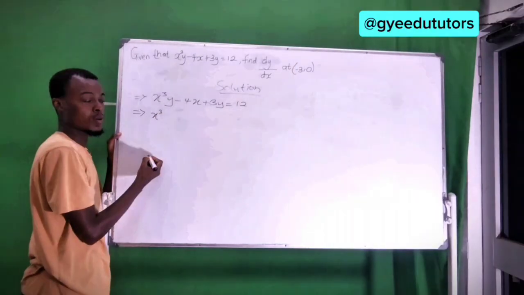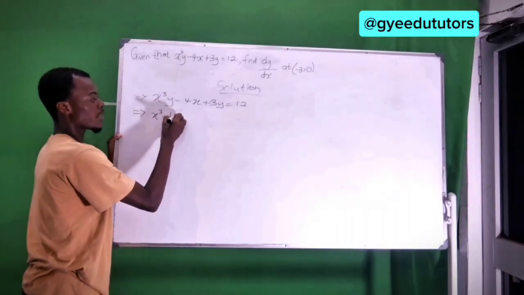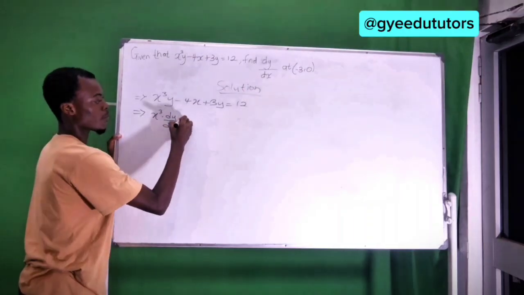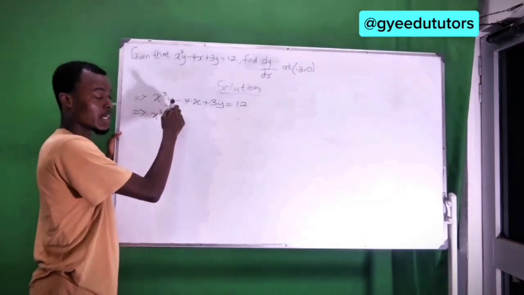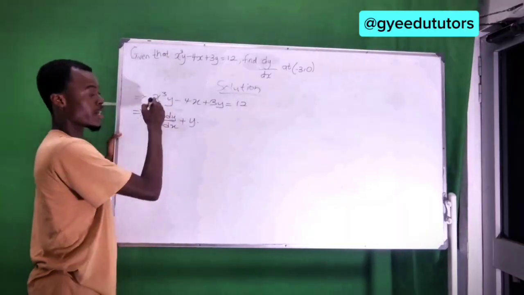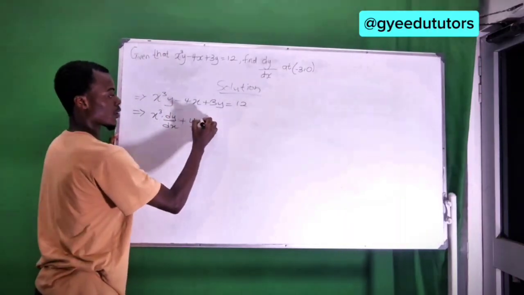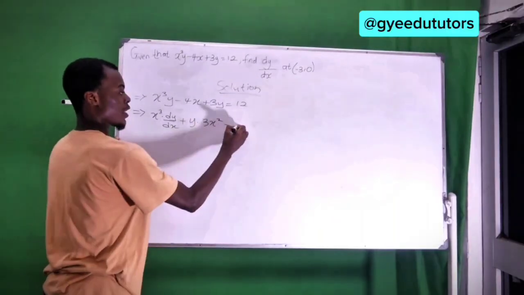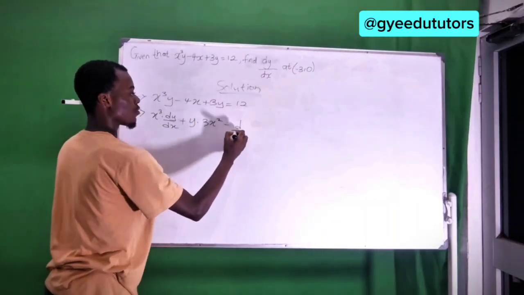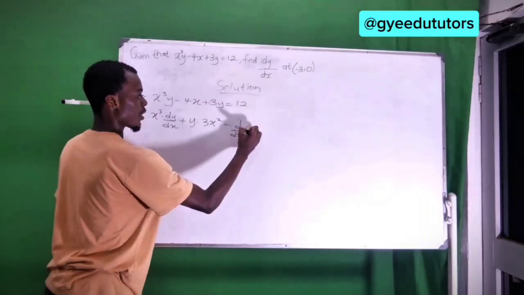If you differentiate y, you get what? dy/dx, plus still product rule. We keep y and we differentiate what? x cubed, and you get what? 3x squared.